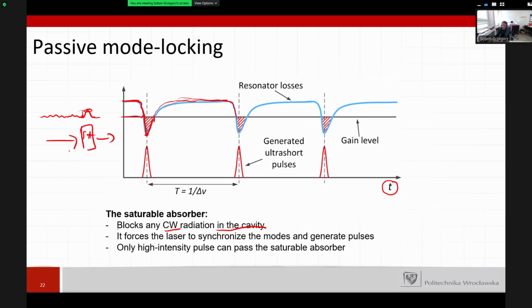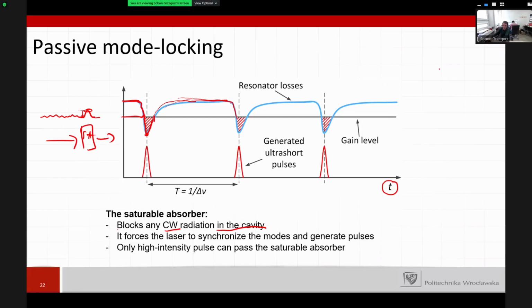So since only a high intensity pulse can pass through the saturable absorber, the laser has to synchronize its modes to pass through the saturable absorber without losses.